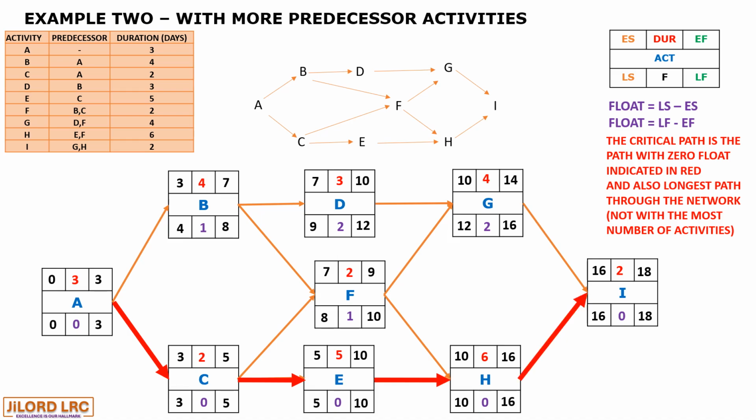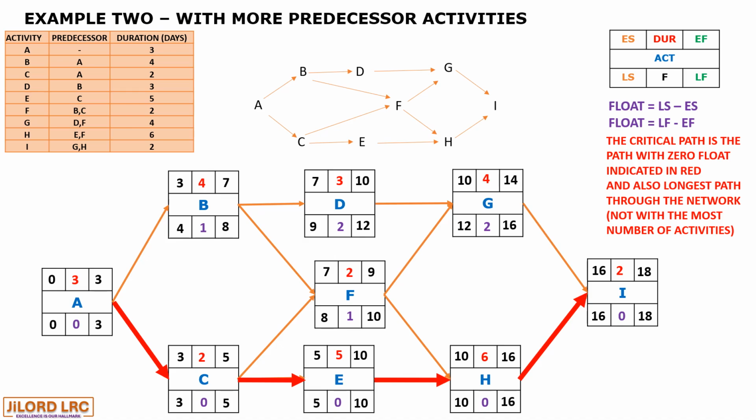Now for C, 5 minus 2 is 3, and for B, 8 minus 4 is 4. Between B and C, we choose the least to be the latest finish value for activity A. It is 3, and 3 minus 3 is 0.